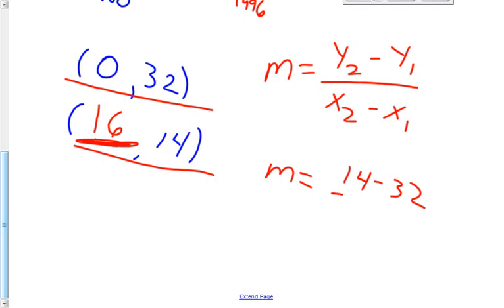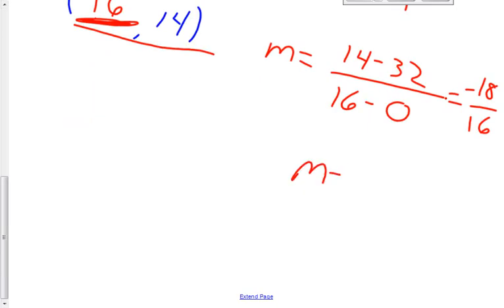Subtract the x's, which is 16 minus 0. And then you simply simplify that fraction. 14 minus 32 is a negative 18. And 16 minus 0 is 16. Let's reduce that fraction. 2 goes into both of them to make it a negative 9/8. My slope is a negative 9/8.